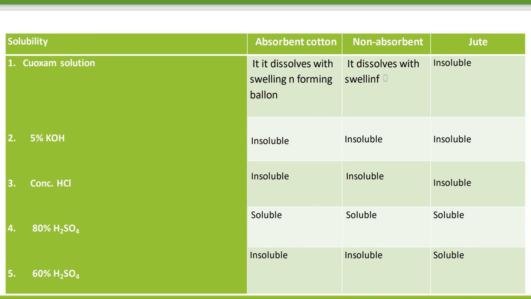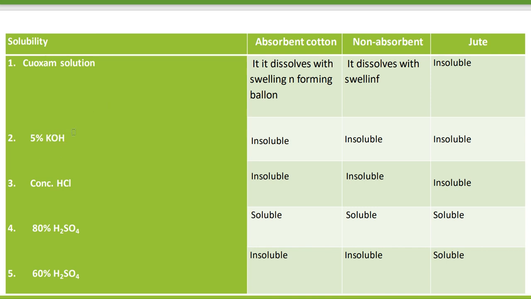Okay, and obviously the coaxum solution में जब नॉन अब्जॉर्बेंट कॉटन डालेंगे तो क्या होगा, डिजॉल्व होगा स्वेलिंग के साथ. ठीक है, सेम जूट जो है इनसॉल्यूबल है, कॉटन, दोनों टाइप के ये सोल्यूशन में क्या हो जाएंगे. सो वी कैन आइडेंटिफाई द फाइबर्स विद देम.